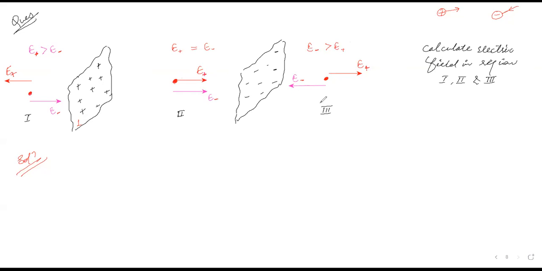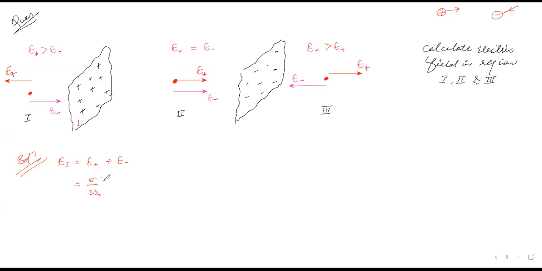All right. Now we are going to calculate E1 for region 1. Which one is greater? You can write here E plus and plus of E minus. What is your E plus? We already know the plane sheet charge equation: sigma over 2 epsilon naught.